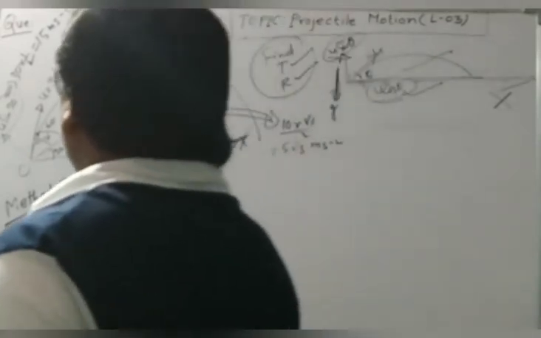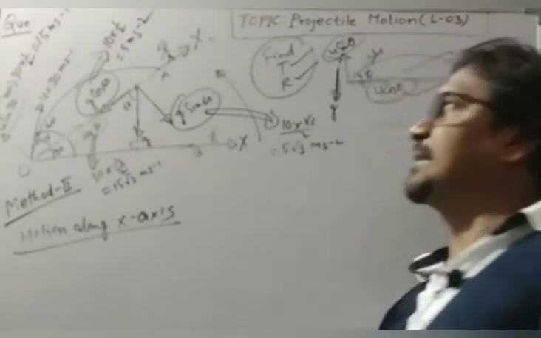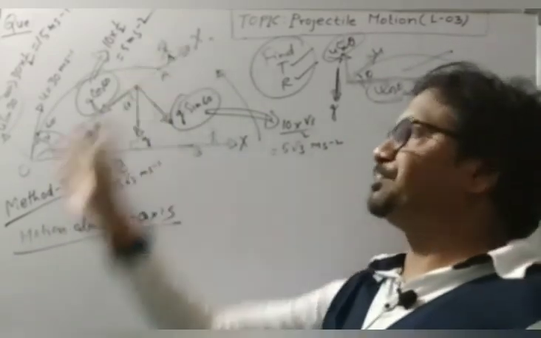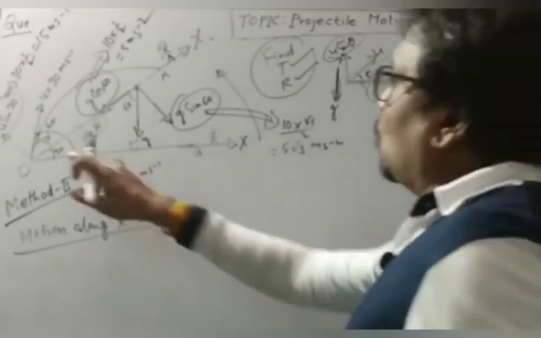So I am considering motion along the x-axis first, that is horizontal motion. What is this? O to A is basically R. R is basically OA.